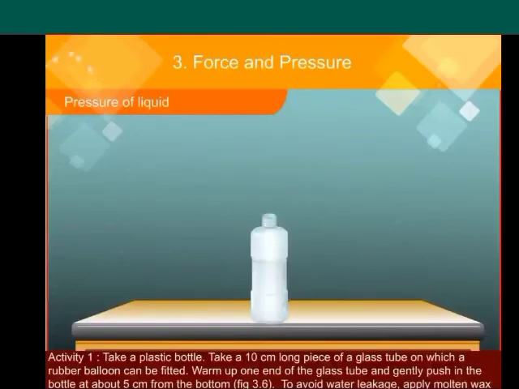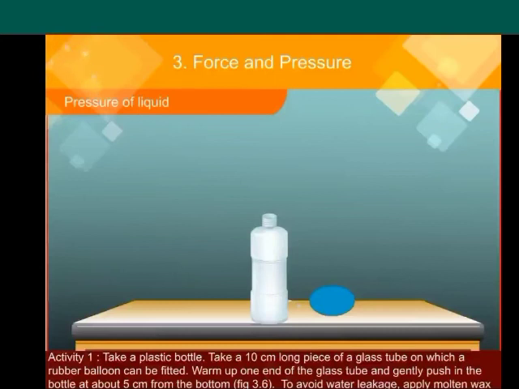Pressure of liquid. Activity 1. Take a plastic bottle. Take a 10 cm long piece of glass tube on which a rubber balloon can be fitted. Warm up one end of the glass tube and gently push it into the bottle at about 5 cm from the bottom.